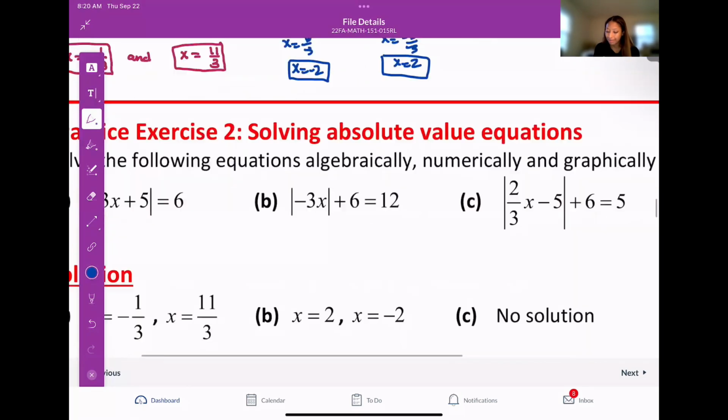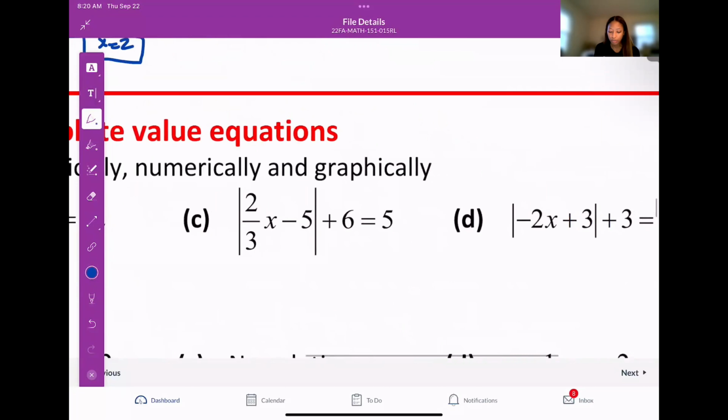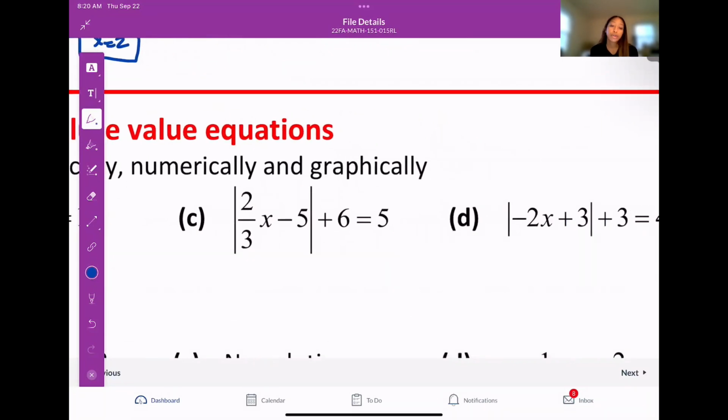Now in C, look at this one. So much going on. We first have to isolate our absolute value term. So to isolate the absolute value term, we have to subtract 6 from both sides. This time, when we subtract the 6 from both sides, we end up with the absolute value of 2/3 x minus 5 equals negative 1.